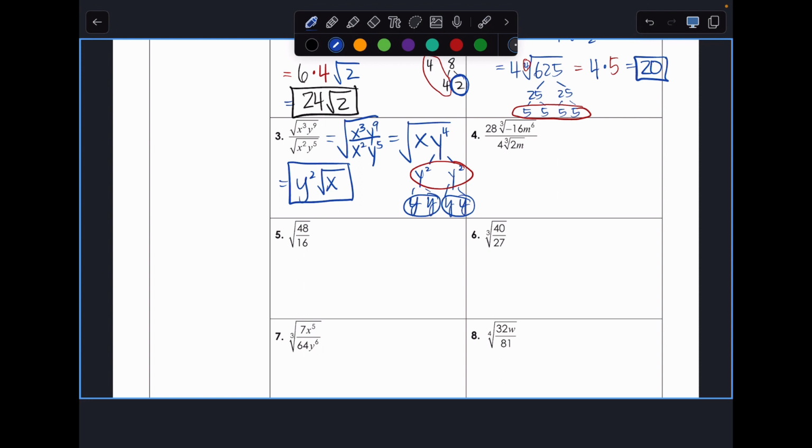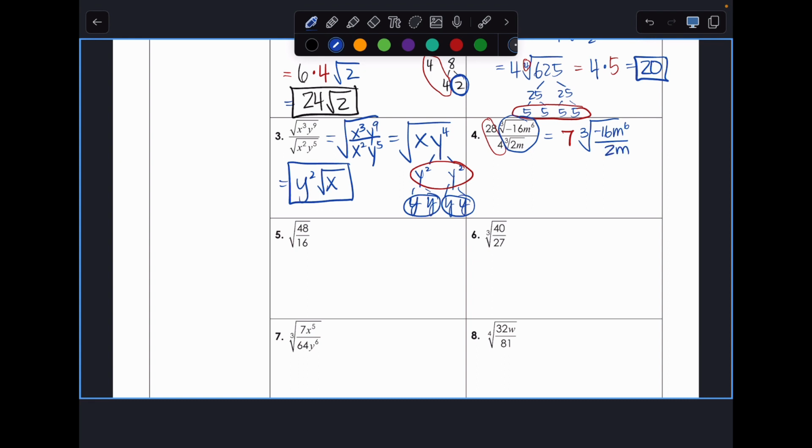Okay, let's do number 4 because it has a negative, and I love those negatives and cube roots. Here we go. Do we have coefficients? Then what do we do first? Okay, so 28 divided by 4 is 7. So these 2 go first, and I put 7. And then now we get to put together our cube root radicand into one single quotient. So the cube root of negative 16m to the 6th power over 2m.